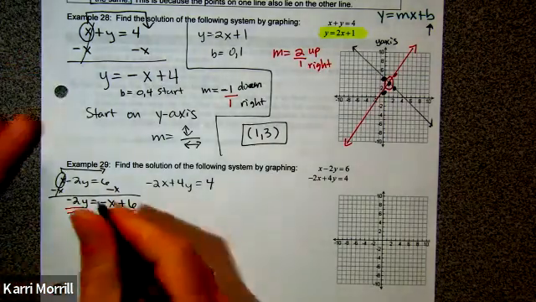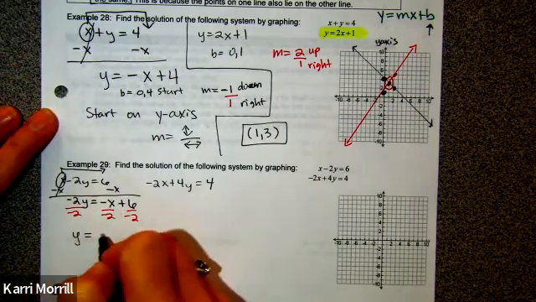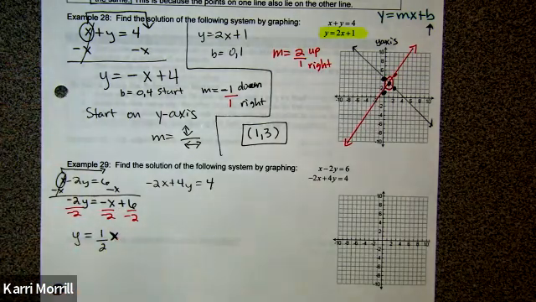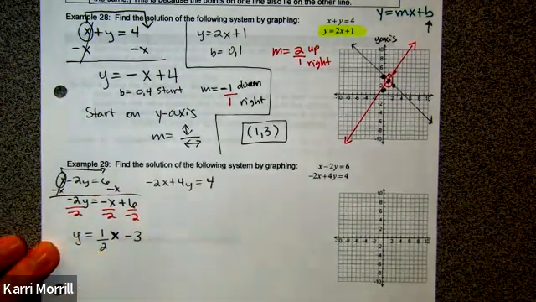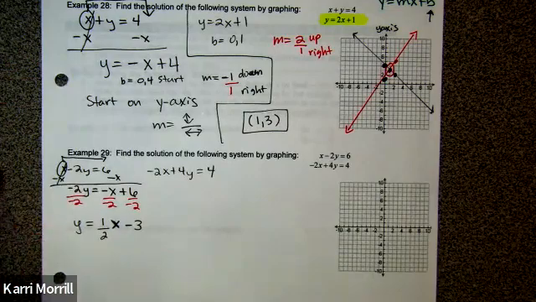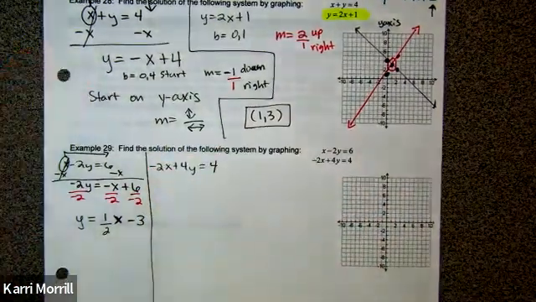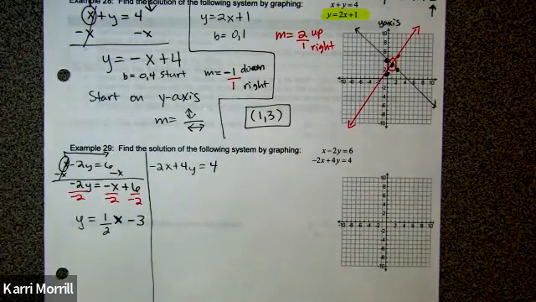So y equals a positive 1/2 x, you can put a 1 in that place by the x if you want, so you can see it's a fraction of slope. And then that's a negative 3 when you reduce that. We're not gonna graph that yet. We will in a minute.